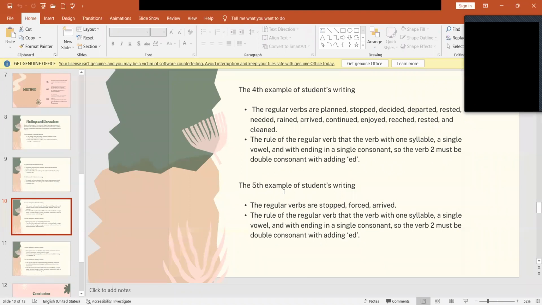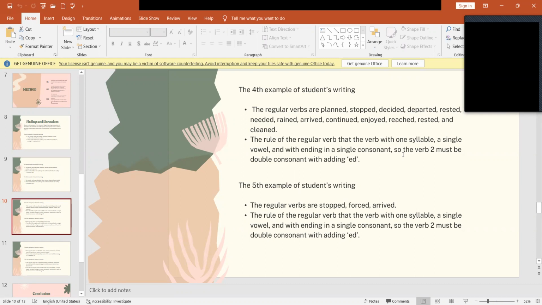And the next, the fourth example of students' writing. The regular verbs are planned, stopped, decided, departed, rested, needed, reigned, arrived, continued, enjoyed, reached, rested, and cleaned.